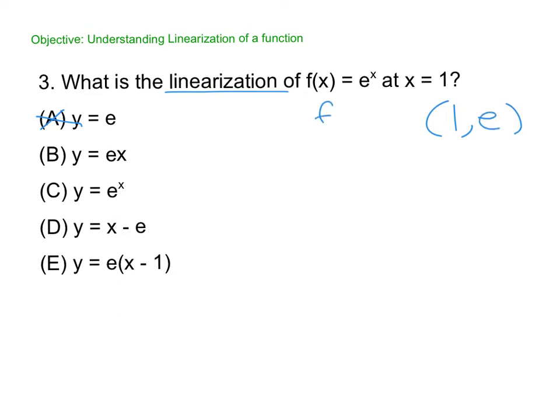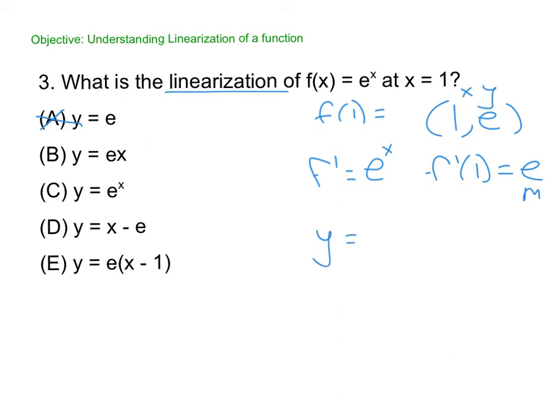F of 1 is E. What's F prime? E to the X. F prime of 1 is E also. So this is my M, and this is my point. So Y equals E plus E times X minus 1. That's not an option, so let's simplify.